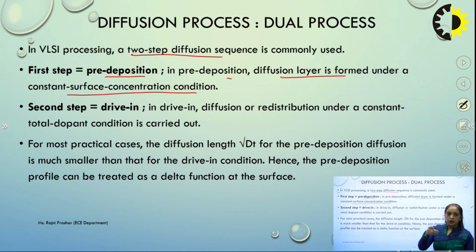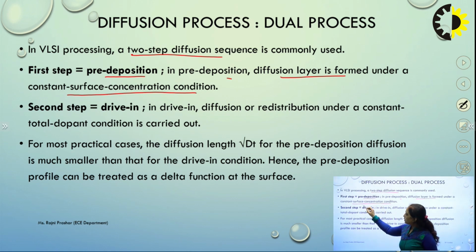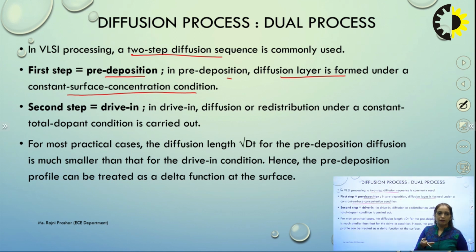In the chamber we supply the dopant elements, and that supply is continuous, so that is why it is known as the constant surface concentration condition. But the dopants will be diffused as per the solubility limit of the surface.